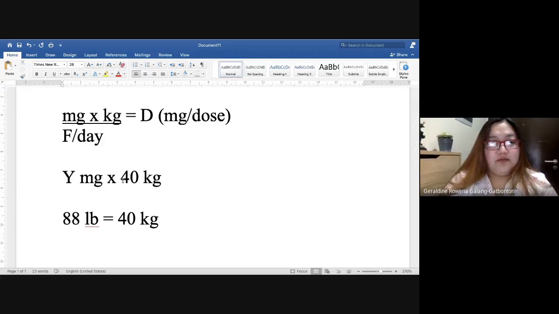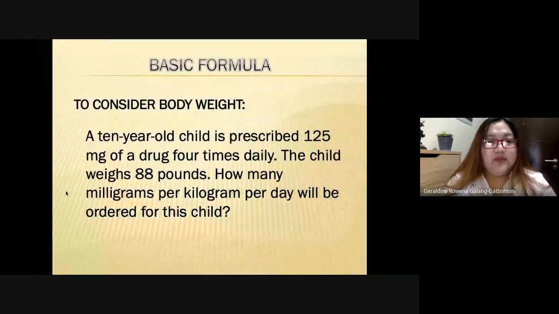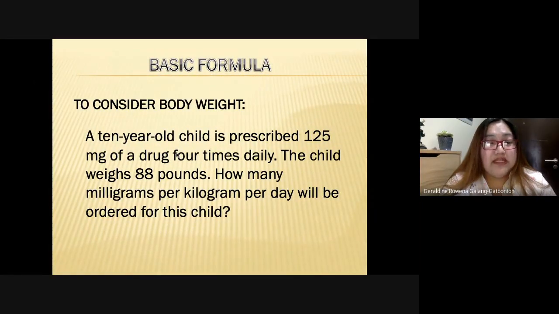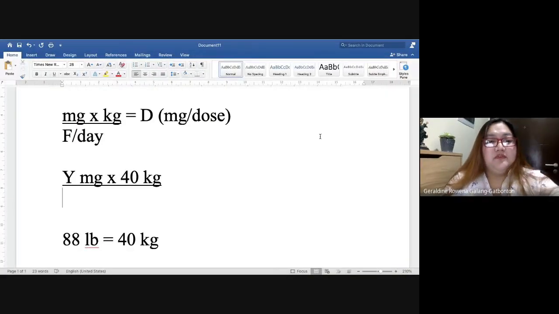Okay, now, divided by frequency per day. Ano ba yung frequency per day? 4 times daily ibinibigay yung 125 mg of a drug. Which means that you have to give the drug 4 times daily.